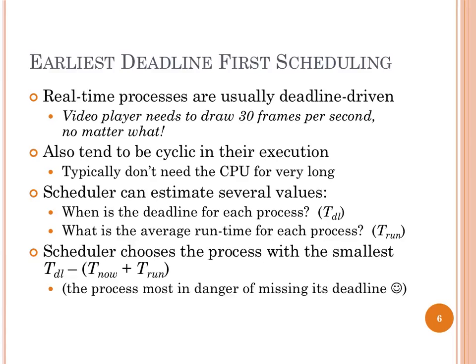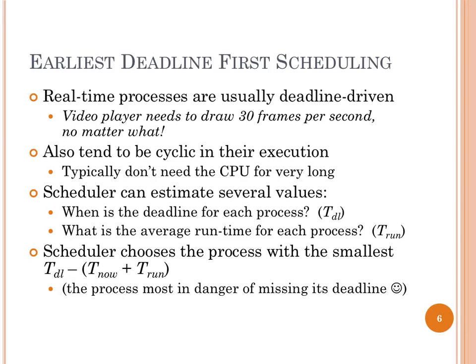Let me see, what else did I want to say about this? I do say here that the scheduler can estimate several values. That's not really true. Because if you think about it, it's a lot easier if the kernel was told by the program, I need to meet this deadline. In fact, that's probably what a video player would want to do, is say, I need to hit this deadline. Okay. But the nice thing is that the kernel can estimate the runtime, because it can watch every single time the process runs.